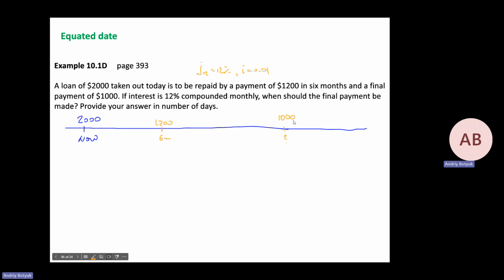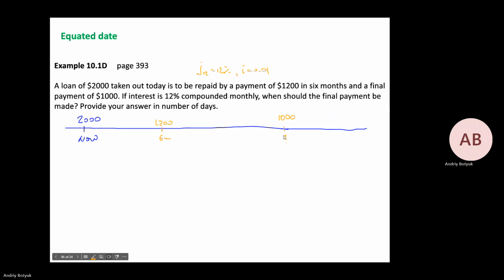How much did we borrow? How much did we pay back? 2,200. So what is the interest? 200. We good? Okay. Now the question is when this $1,000 has to happen.